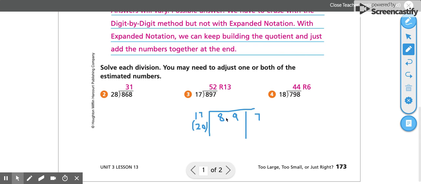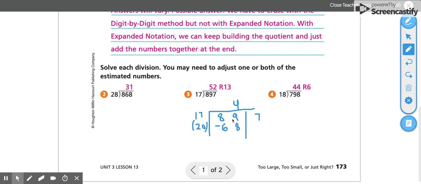Well, 20, 40, 60, 80, so about 4. And then I do my 17 times 4, which I've already figured out for us. 17 times 4 is 68. Okay, so I'm going to go ahead and write my 68 here. And we'll go ahead and subtract it here.